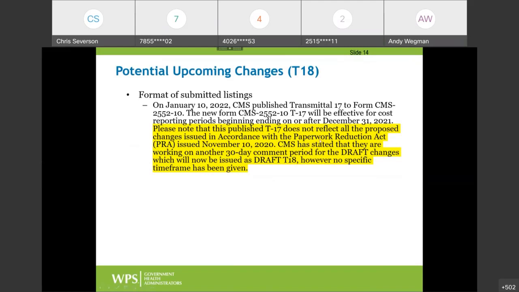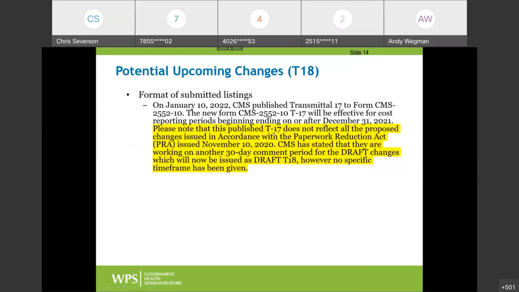And the point here was that in this Transmittal 17, we thought they were going to have some of these changes incorporated, but since they took a long time to work on the public comment for the different templates, what they called the Paperwork Reduction Act, the PRA, they developed some templates, they sent them out for public comment, and there were a lot of public comments, as I mentioned earlier.